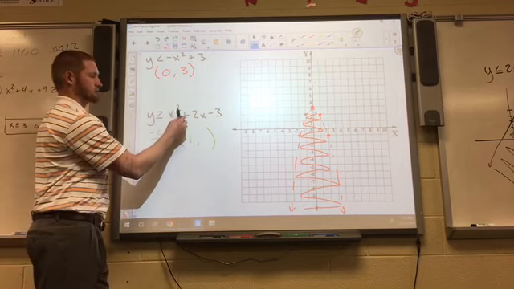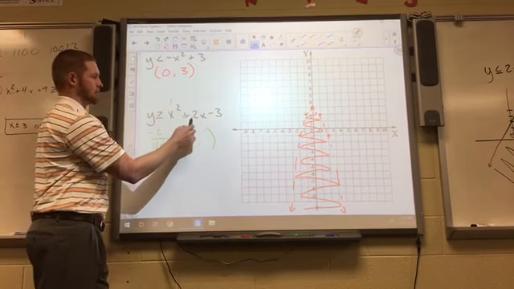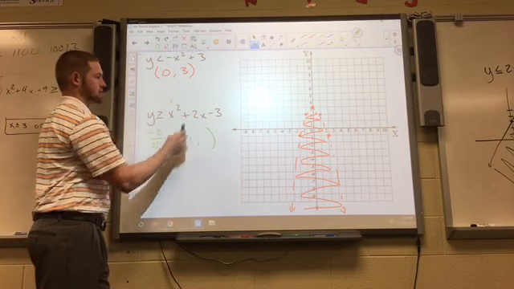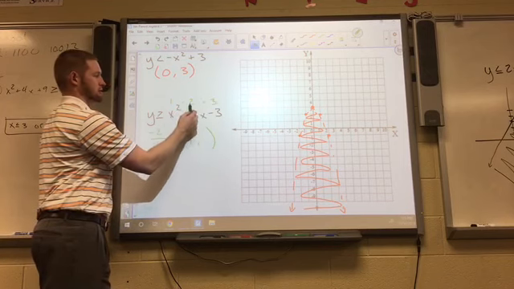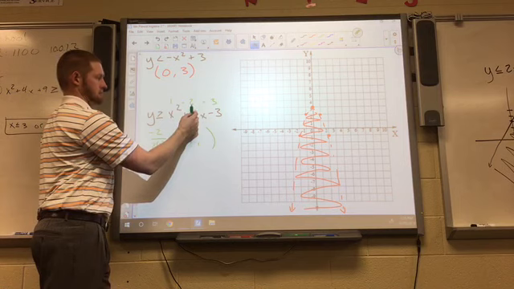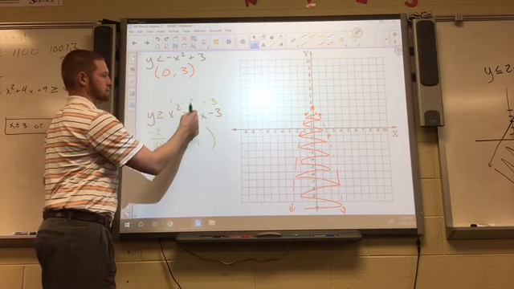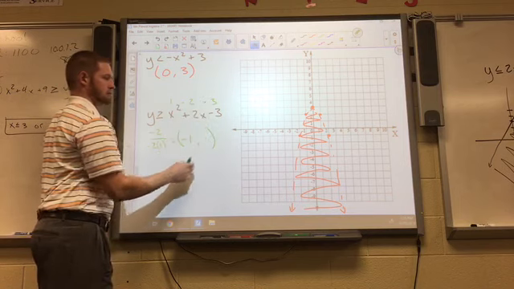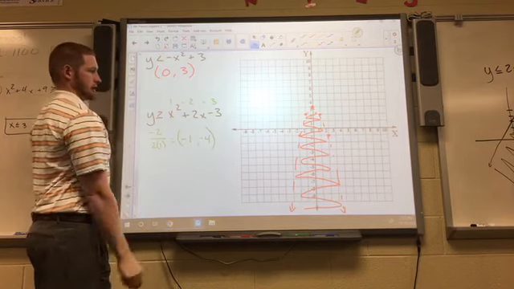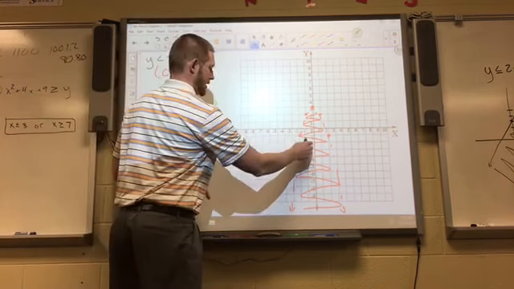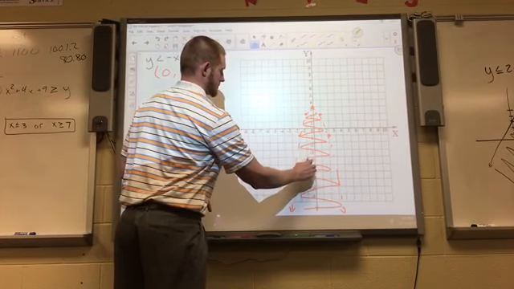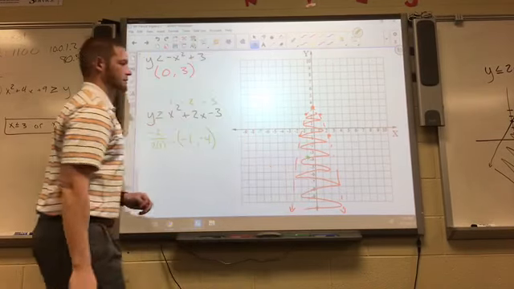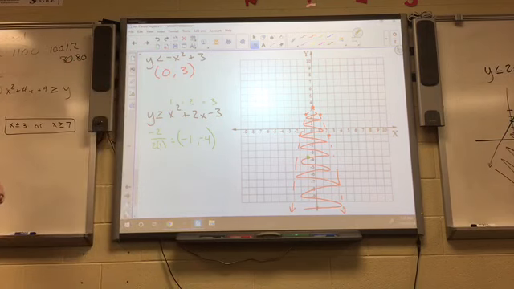So negative 1 squared is 1. 2 times negative 1 is negative 2. 1 minus 2 is negative 1, minus 3, negative 4. So at negative 1, I need to go down 1, 2, 3, 4. There's my vertex. Wait, now, you can overlap each other? Yep.